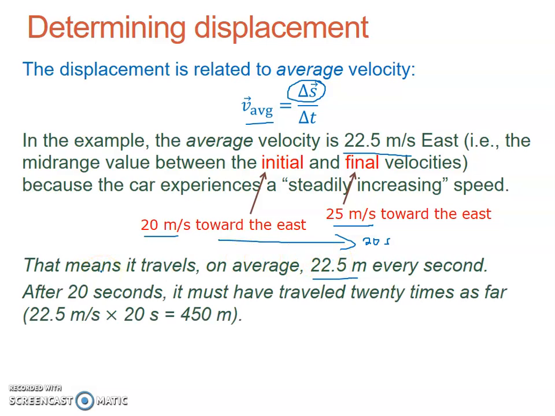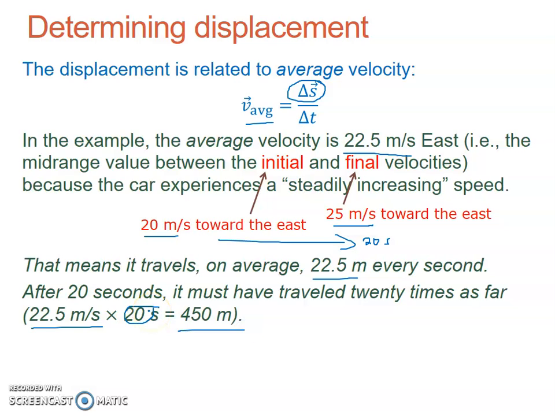So after 20 seconds, it must have traveled 20 times as far as it did in 1 second. We said it travels 22.5 meters every single second. That means after 20 seconds, it's going to travel 20 times 22.5, or 450 meters.